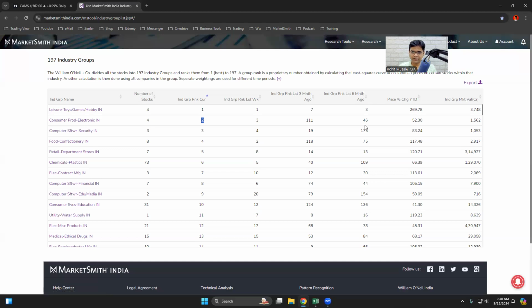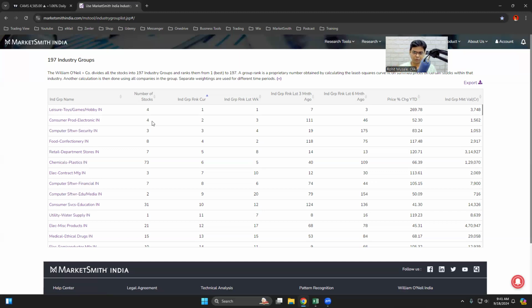Now, just because the industry rank has improved doesn't mean that you should buy the stocks in this, because if you look at the industry group market value, the market cap of that industry group is only 1562. So the combined market capitalization is small.